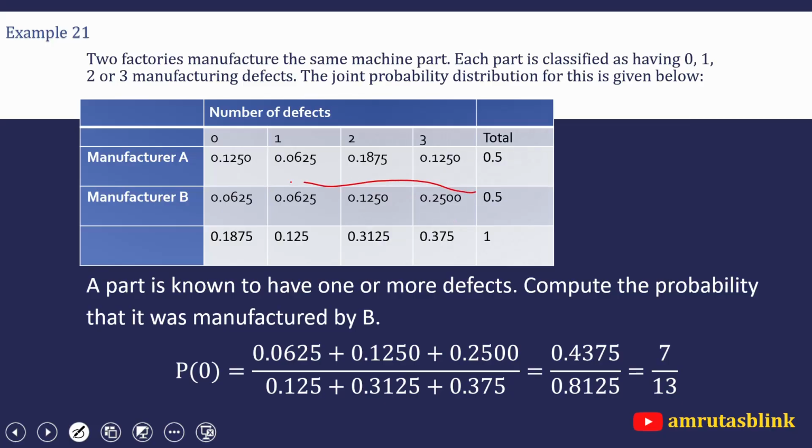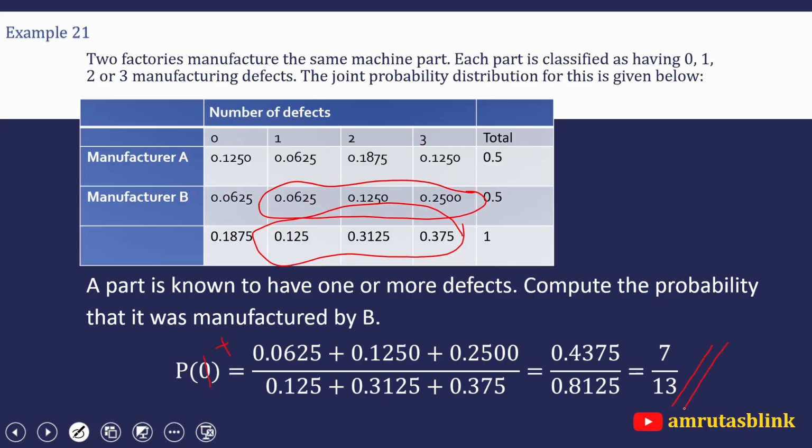So the numerator is the probability of 1 defect, 0.0625, plus 0.1250 plus 0.25, upon the total of 1, 2 or 3 defects. So 0.125 plus 0.3125 plus 0.375 is equal to 0.4375 upon 0.8125, which is equal to 7 by 13, the final answer.